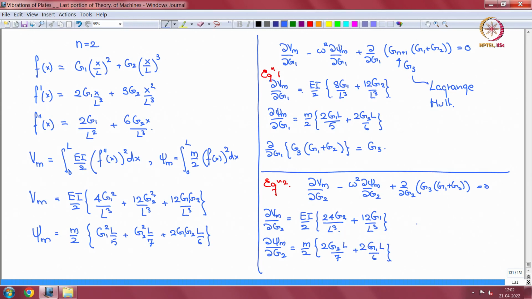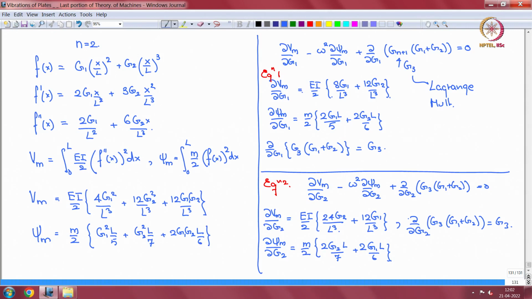Okay. Lastly, del G2 of G3 into G1 plus G2 is equal to G3. That's the second equation terms.